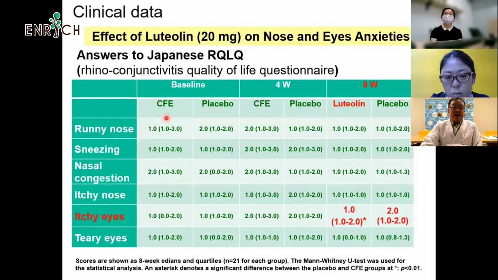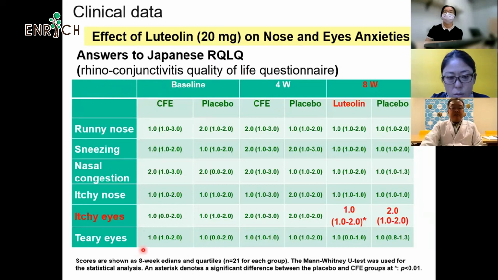Here's another clinical trial data. In this study, we gave 20 milligrams of luteolin to subjects with hay fever for 8 weeks and evaluated the rhinoconjunctivitis scores.